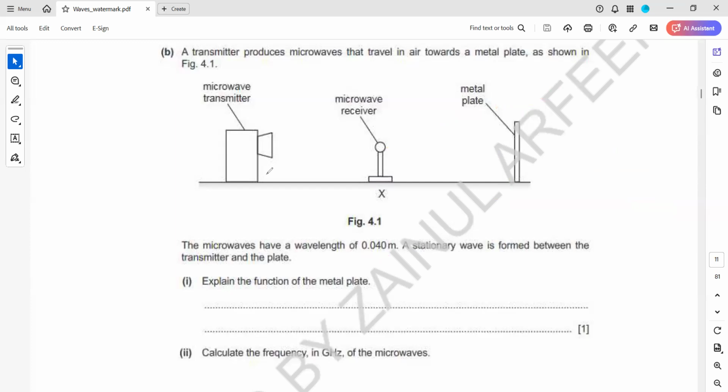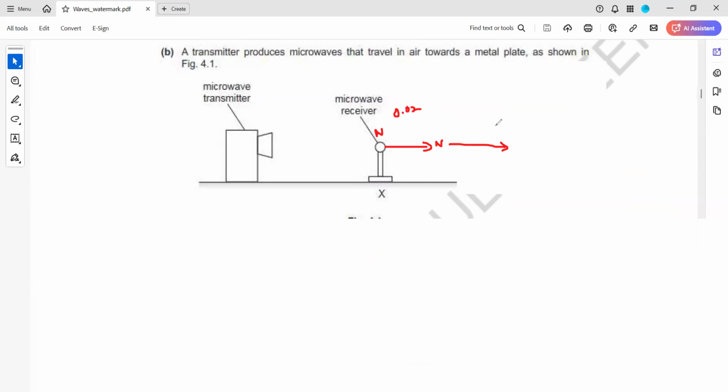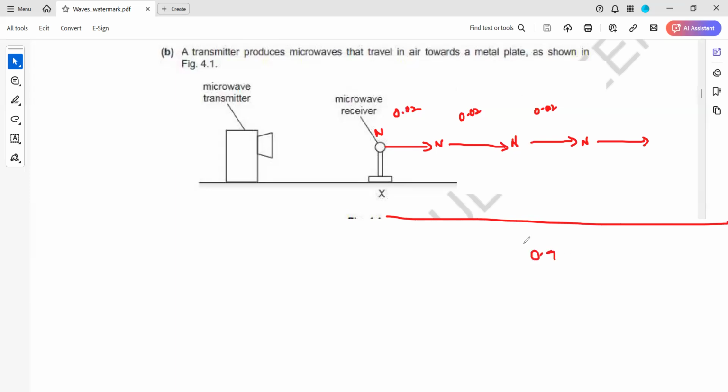But they're asking how many maxima are there. If we detected a node, then another node is there at 0.02 meter, then another node at 0.02 meter, then another at 0.02 meter, and another, because we want the total length moved to be about 0.091.